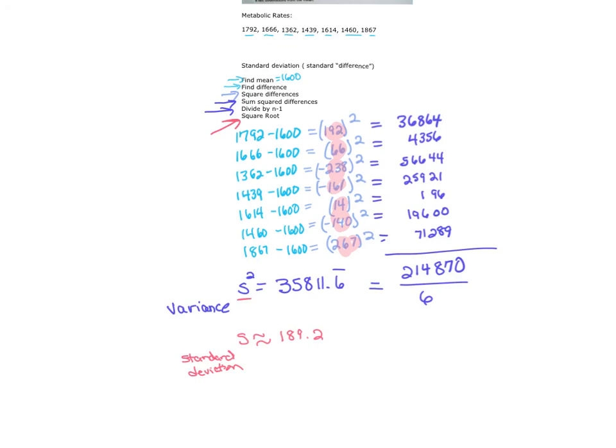Okay? So you are going to need to know how to find the standard deviation for a set of data by hand, like we just did. Yes, you have to have these steps memorized. You also should be able to plug this data into your calculator and find the mean and standard deviation on your graphing calculator as well.